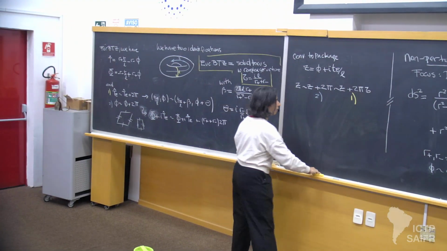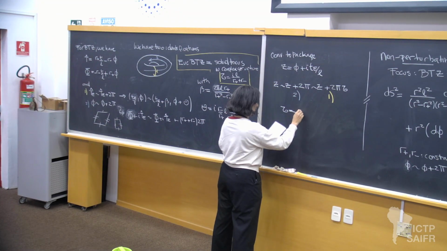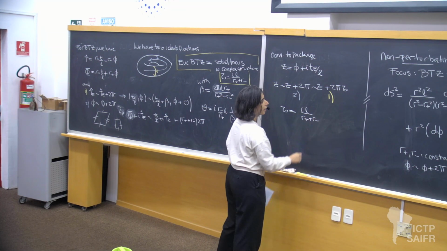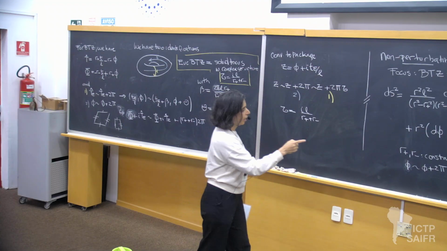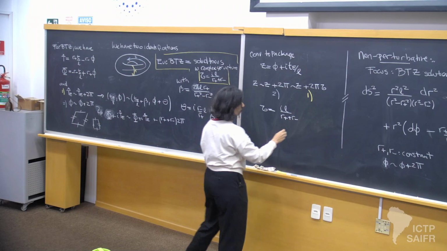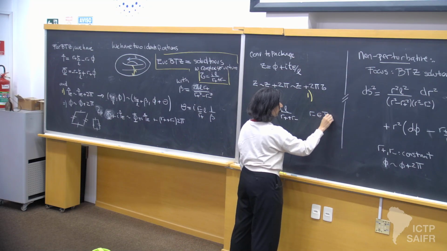Okay, with tau equal to i l over r plus, r minus. And something else I should say is that this is a complex structure because in this process r minus is purely imaginary.